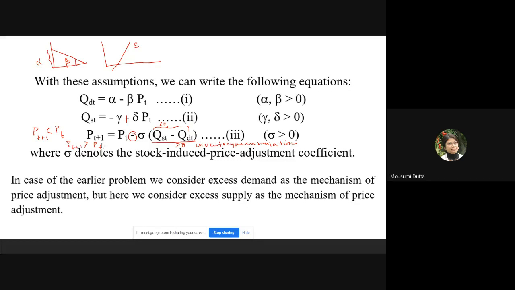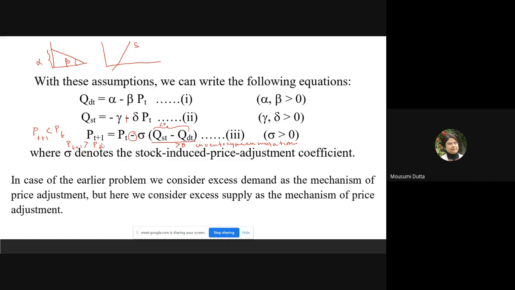Here, I'm mentioning that in case of the earlier problem, that is in case of the cobweb problem, we consider excess demand as the mechanism of price adjustment. However, here we consider excess supply as the mechanism to adjust the price in the market.